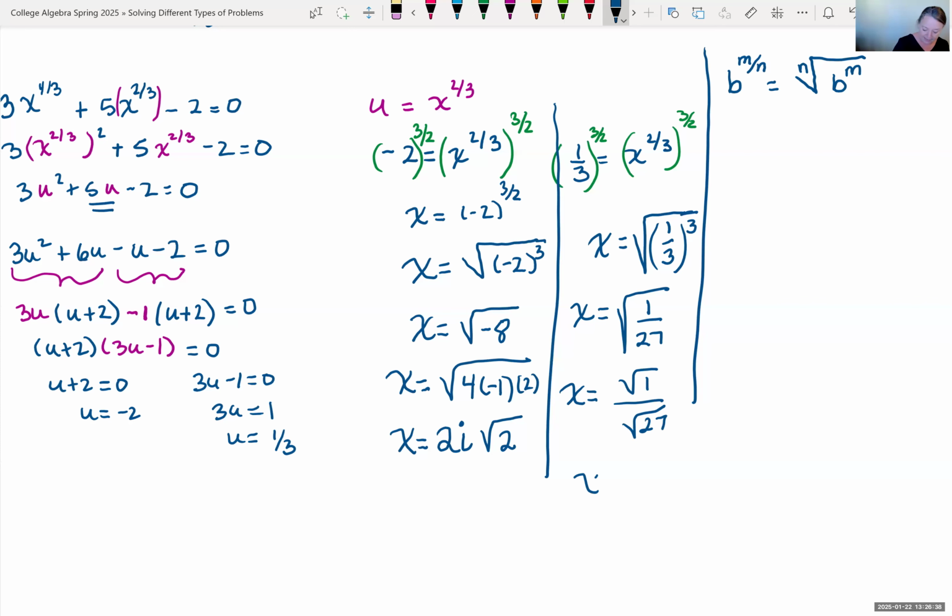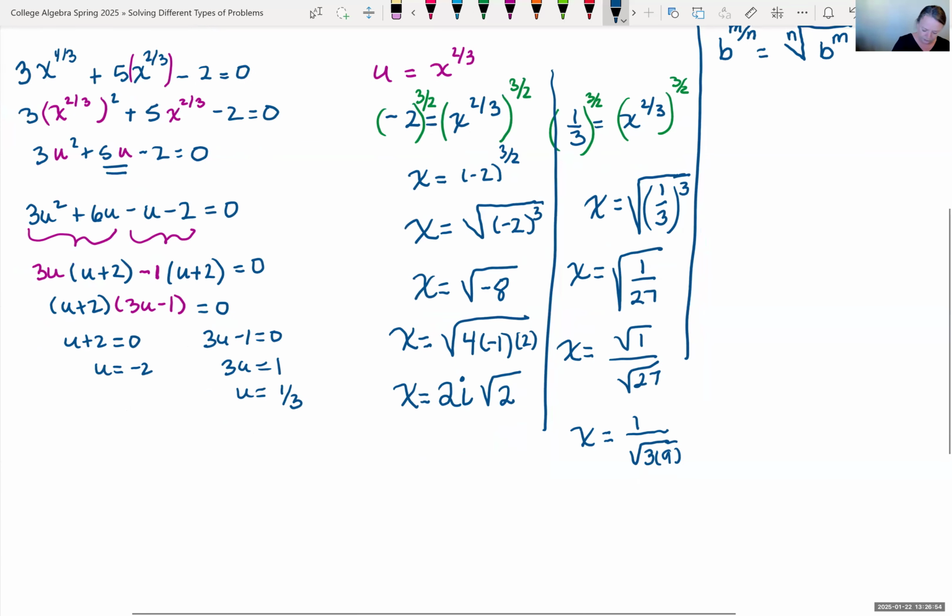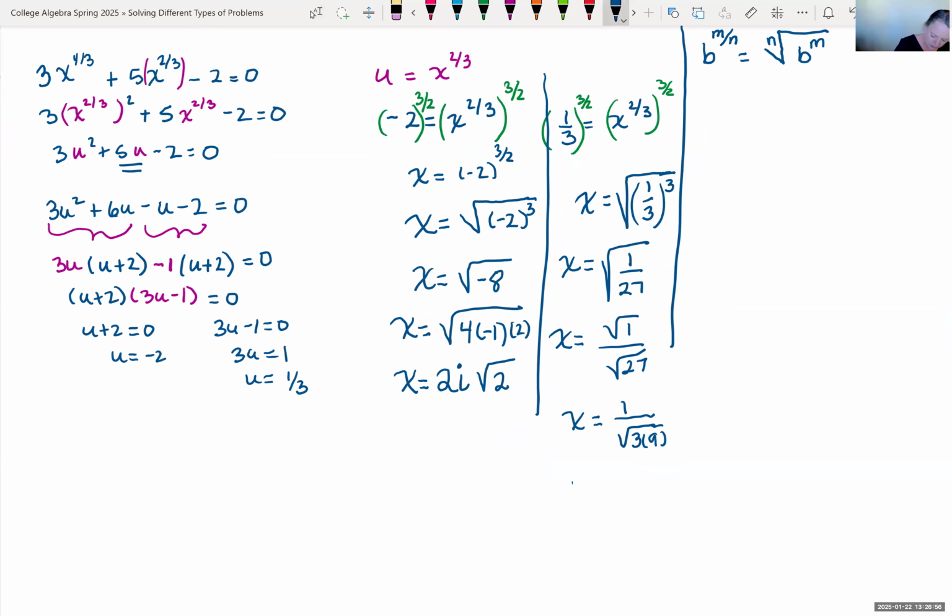So I see that x, the square root of 1 is 1, all over. I notice there's things I can pull out here, because 27 is 3 times 9. 9 is a perfect square. And so I get x is equal to 1 over, well, square root of 9 is 3, so 3√3.